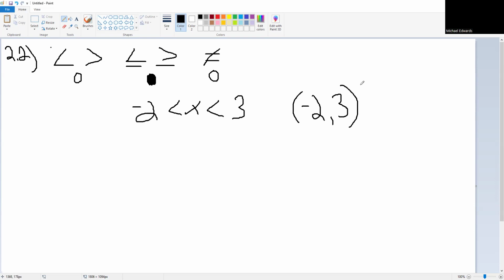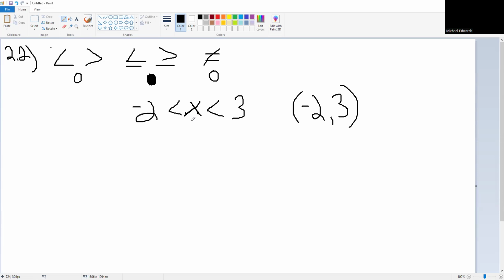Notice they're the open symbols, the parentheses like that. All right. And notice the order too. This one starts at -2 and then 3, because these are less than symbols.